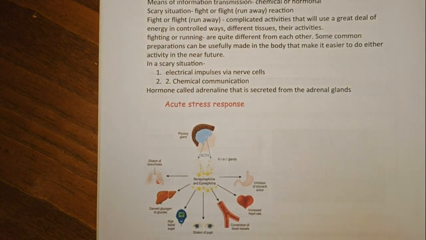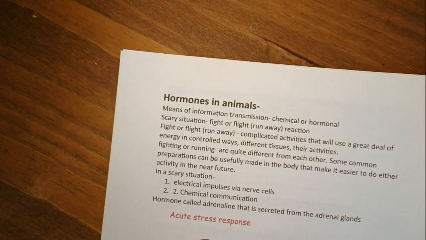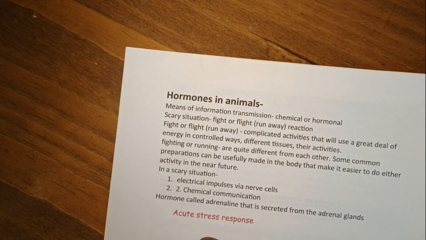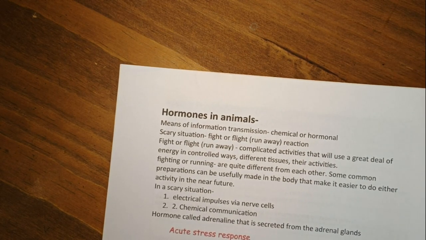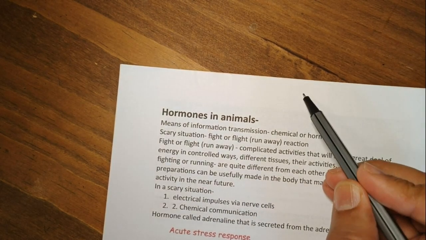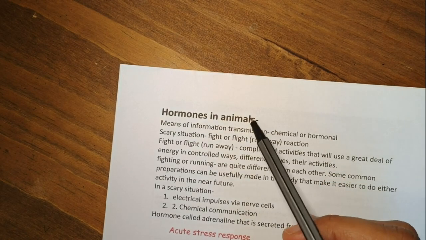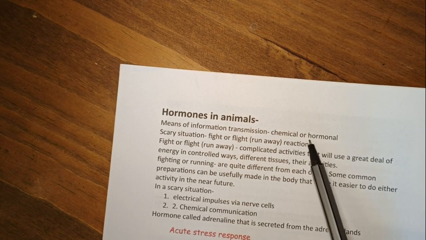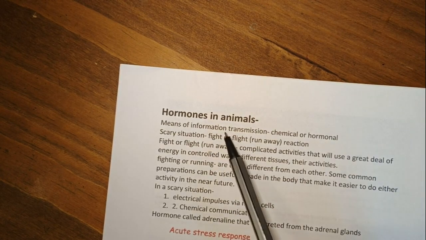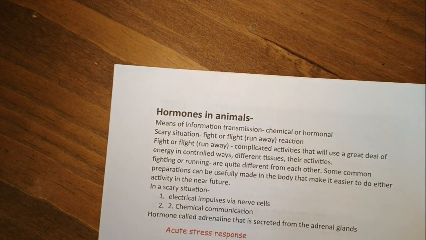So now let us have a look at hormones in animals. Means of information transmission, we have seen there are chemical and there is electrical, and we are looking into chemical means now. So these are the chemical compounds called hormones. They are used for information transmission.